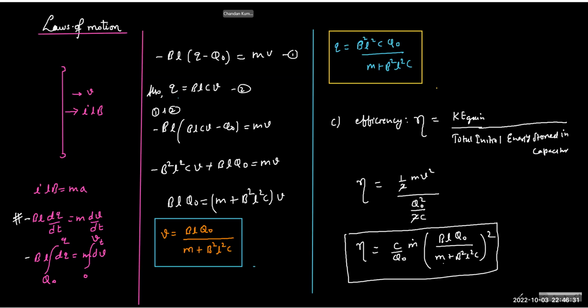Or will be constant will be out. It is m by m plus b square L square c square whole square. So denominator into numerator, which is 1 minus m into this, which is because of this.